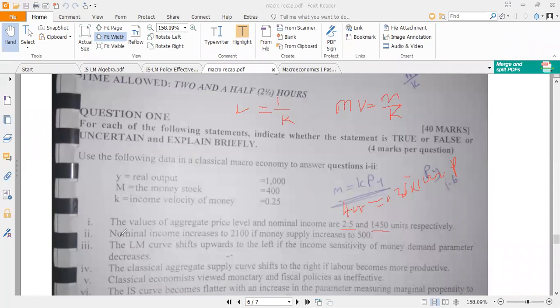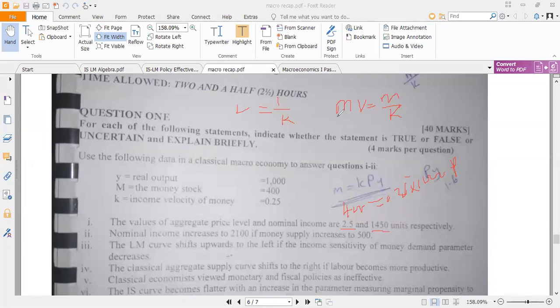And then the next statement: nominal income increases to 2,100 if money supply increases to 500. So now they are saying that if we increase the money stock from 400 to 500, then our nominal income PY is supposed to increase to 2,100.